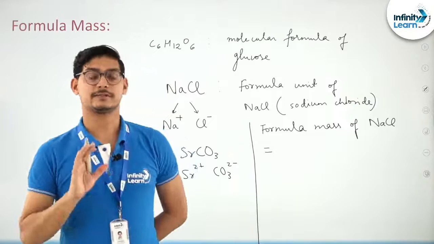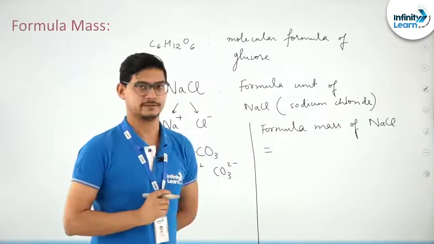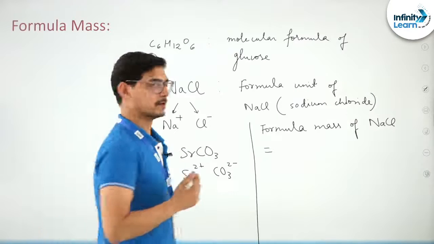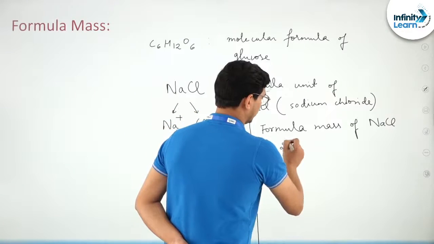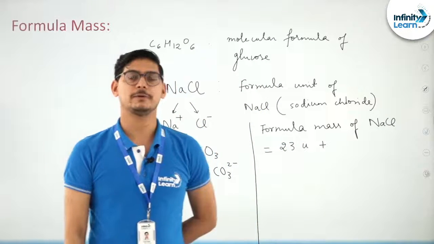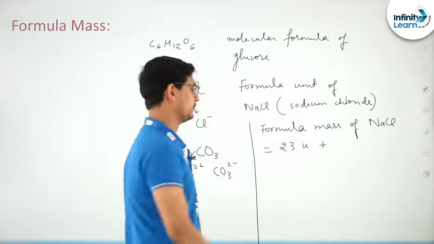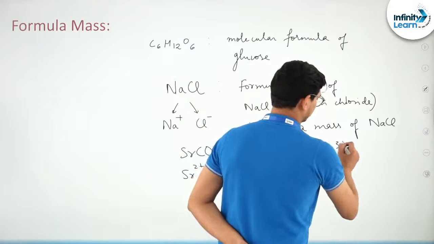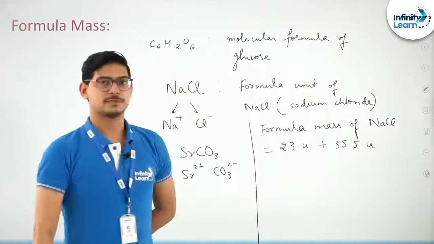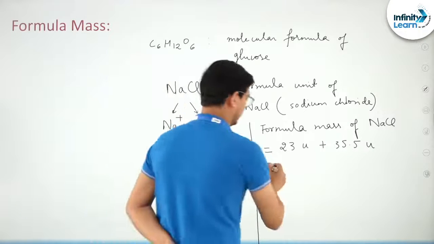It is same as the molecular mass, just the terminology difference is there. So the relative atomic mass of sodium is 23 U, and the relative atomic mass of chlorine is 35.5 U. This comes out to be how much? This is also a value that you should remember.